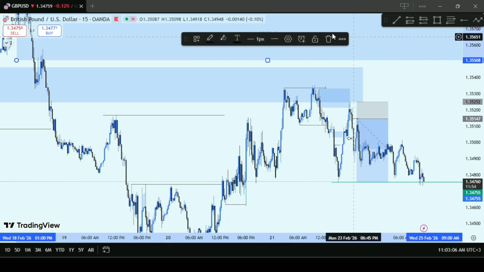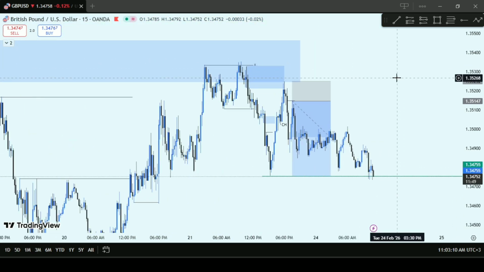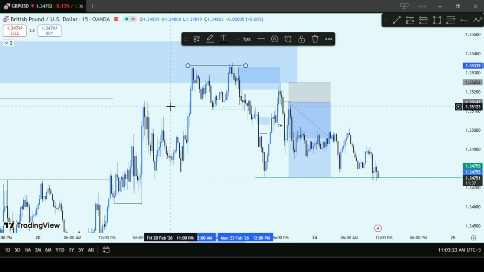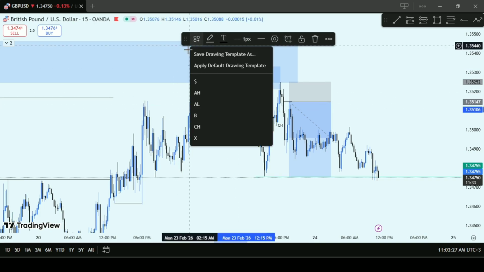Let me indicate this. This is the 4-hour breaker block. In the 15 minutes, we can see that when price tapped onto this breaker block, it swept this high, the 15-minute high, and we got this change of character here.